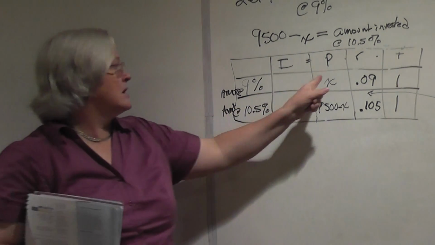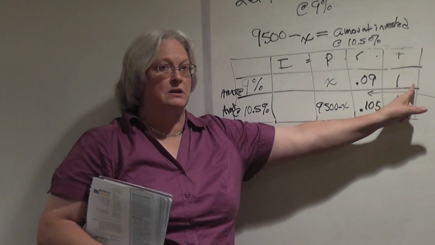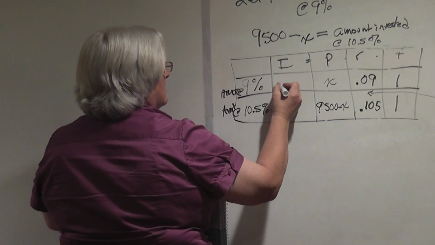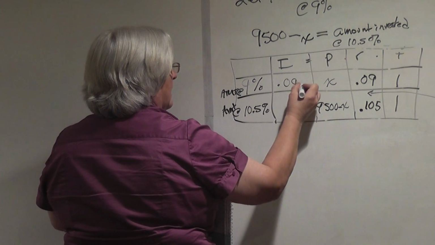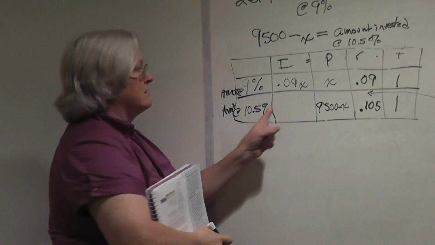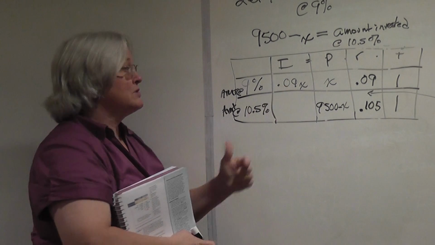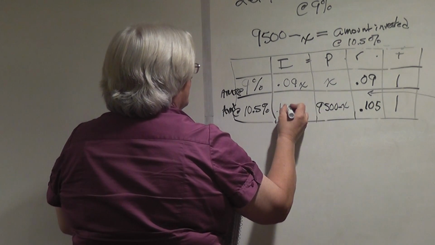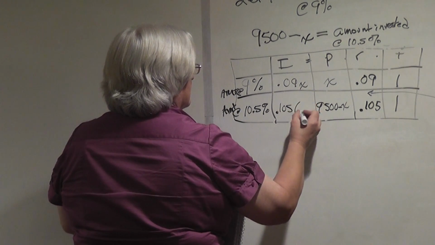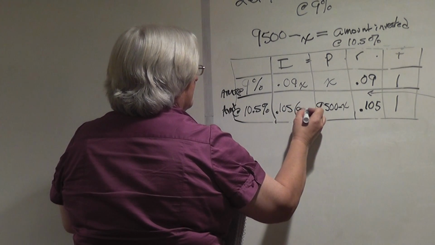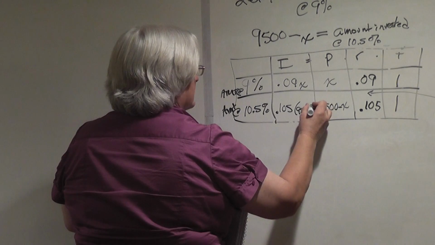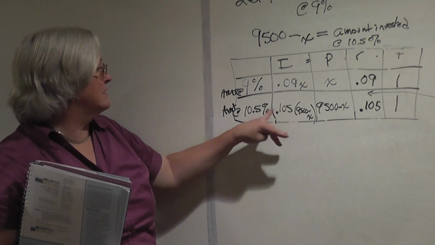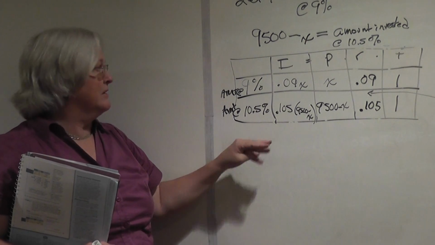How much interest did he get? Well, interest is principal times rate times time. 1 times this, 0.09x times x is the amount of interest that he's earned here. 0.105 times 9,500 minus x is the amount of money that was invested at 10.5%.